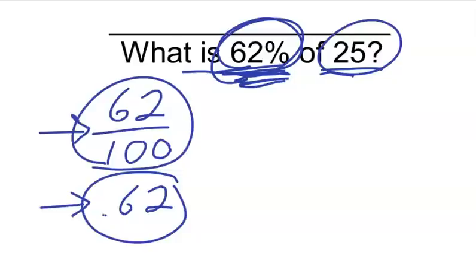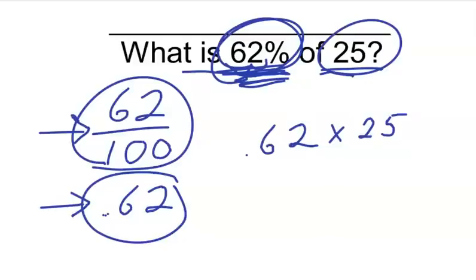This is it as a fraction, and this is it as a decimal. All right, so really the easiest way to do this, and it's going to be really easy when you're using a calculator more often, is to turn 62% into a decimal by moving the decimal over 2 places, and then taking that 0.62 times 25.